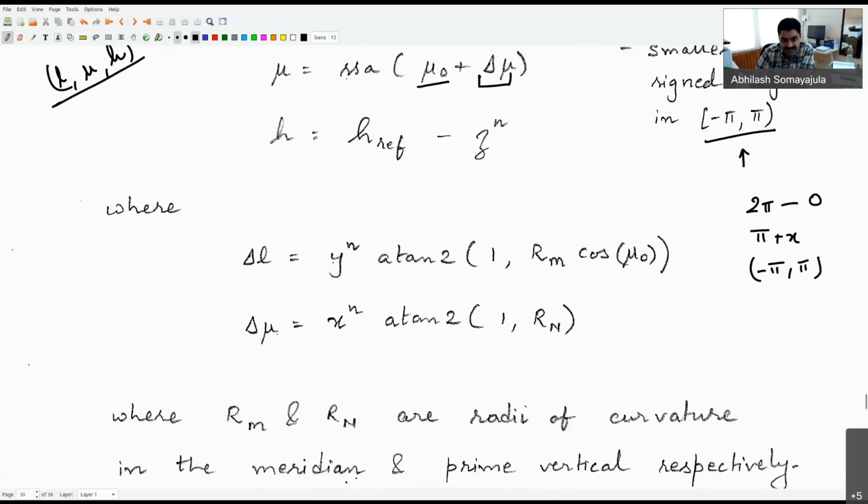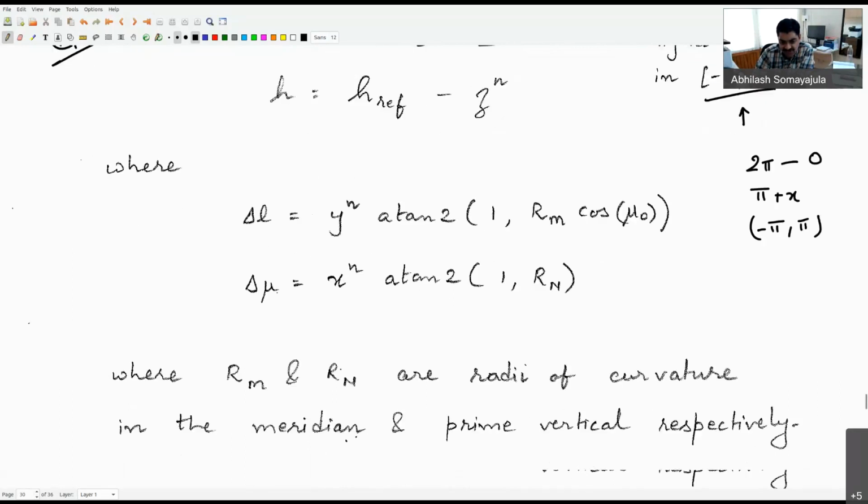Delta L is the y coordinate times atan2(1, Rm cosine of mu0), and delta mu is xn times atan2(1, Rn), where Rm and Rn are the radii of curvature in the meridian and the prime vertical plane.